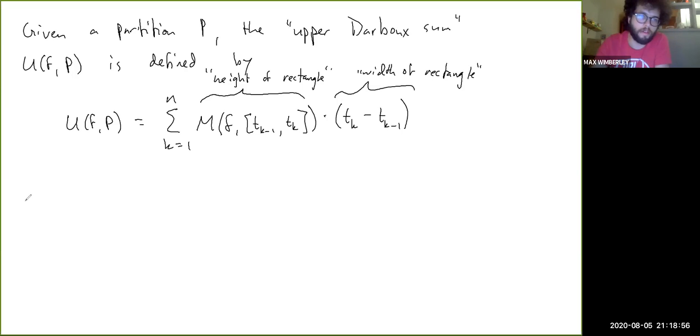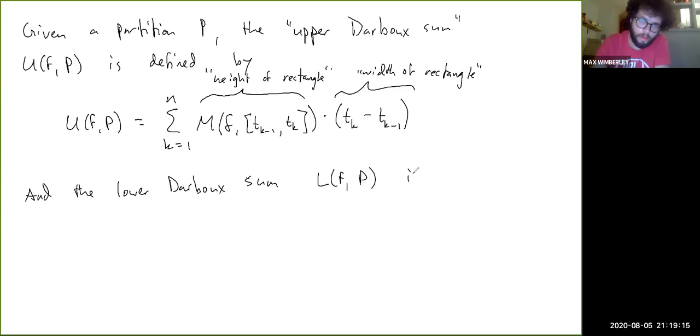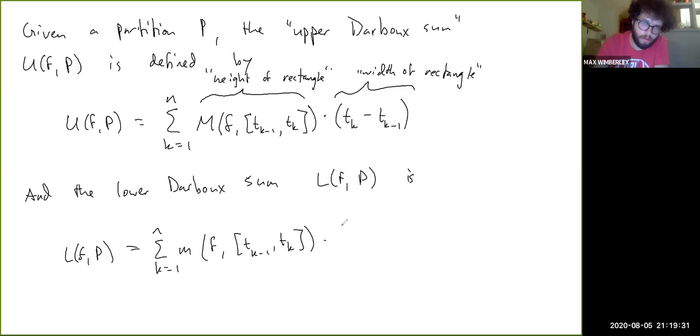And then the lower Darboux sum L of f, P is the same thing, but now with capital M replaced by little m.